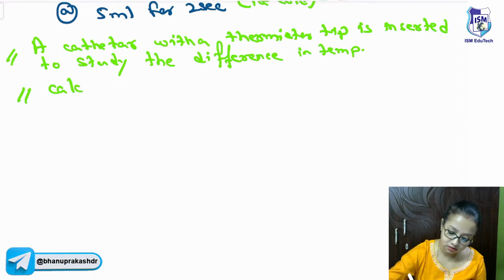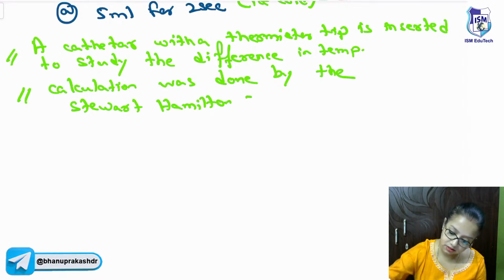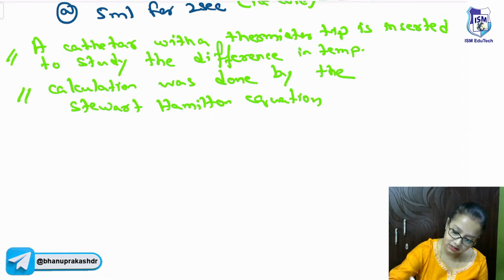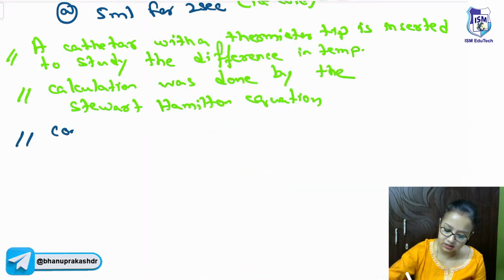Calculation was done by the Stewart-Hamilton equation. But this was not very productive. It had its limitations. Complications were seen.